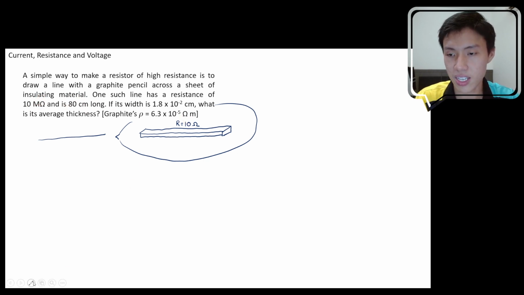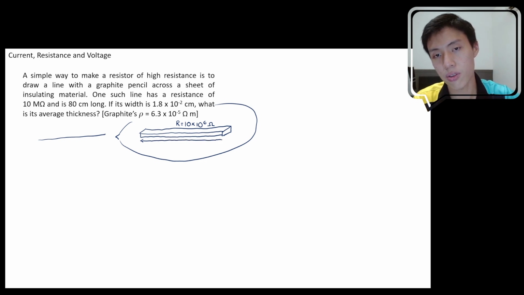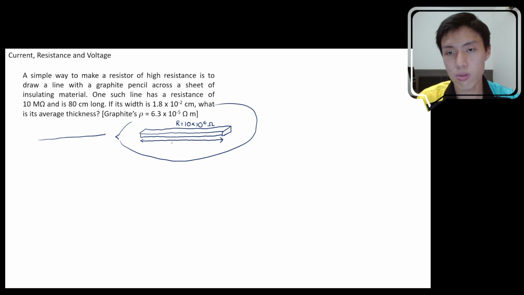Why am I writing it as 10 ohm? My mistake. So you change the mega to times 10 to the power of 6 ohm. Then 80 cm, you have to convert it into meter, the SI unit for length. So that will be 0.80 meter. I hope it's clear.